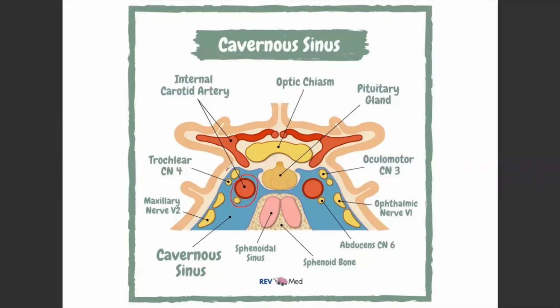On the side of it, on the border, are cranial nerves number 4, 3, and number 5. Okay? This is very important. I remember a lot of MCQs would be like, which of the following is a content of the cavernous sinus? Which of the following is on the border of the cavernous sinus? Okay.